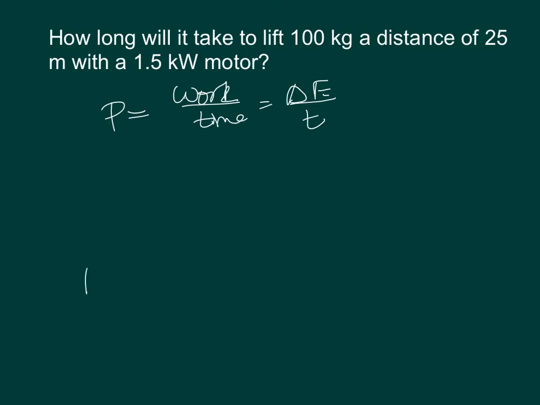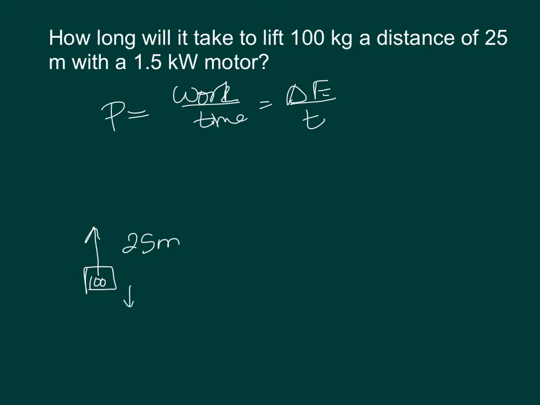So you've got your little mass and you're going to lift it up 25 meters. And it's a 100 kilogram mass. Okay, so what force are you lifting up against? You're lifting up against gravity.